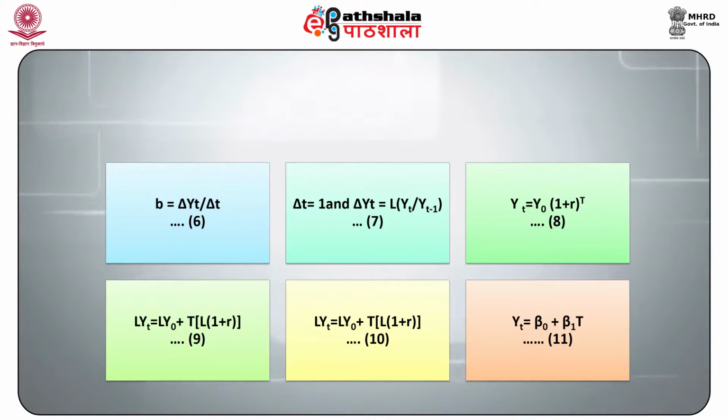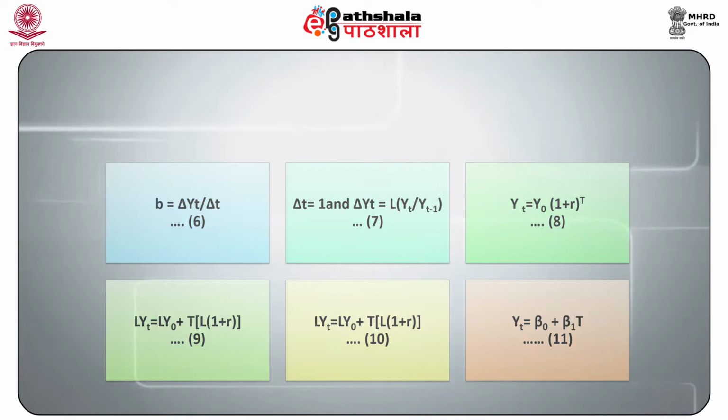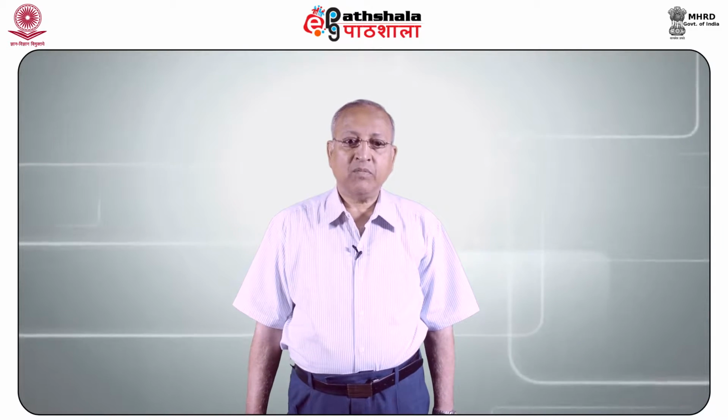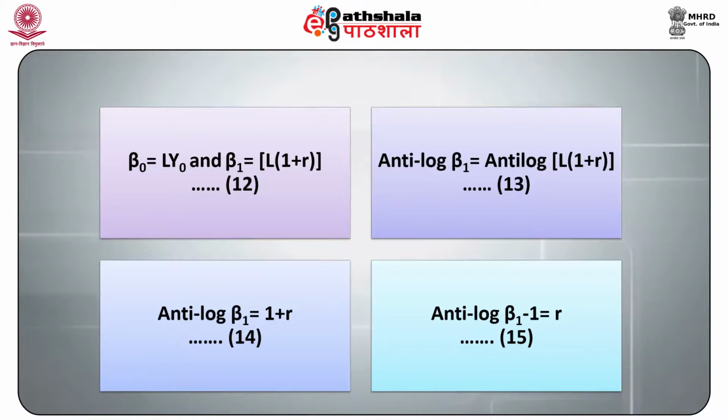And when this is simplified, we could rewrite it as a linear equation, that is log yt is equal to b0 plus b1 into t. And from this it becomes clear that b0 is log y0 and b1 is log of 1 plus r.